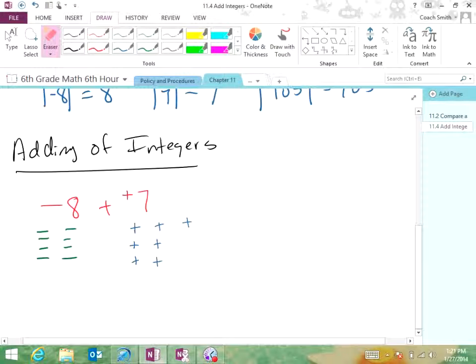Well, I remember back in science, I think this is true, when a positive and a negative charge cancel each other out, just like a neutron and a proton sort of cancel each other out. Same thing with negatives and positives. So, for every positive, it cancels out a negative. So if we just cancel these out, you're left with what? 1 negative. So the answer to that problem then is -1.